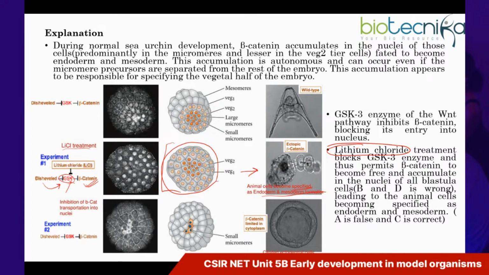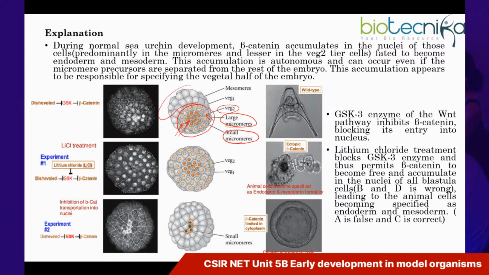Okay. If you have a regular embryo, a normal embryo, you will see that beta-catenin, the orange colors are representing that, have accumulated in the large micromeres, small micromeres, and somewhat in the Wedge2 layer. So only these cells have made endoderm and mesoderm.